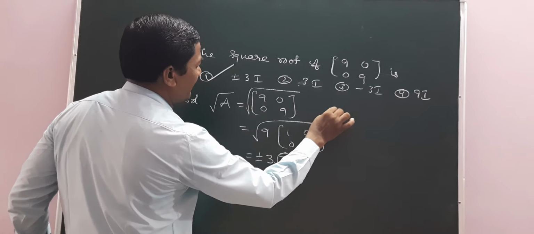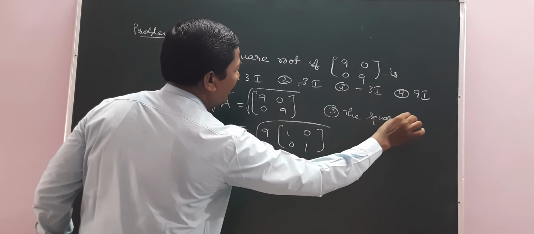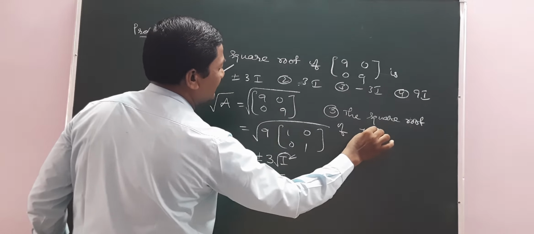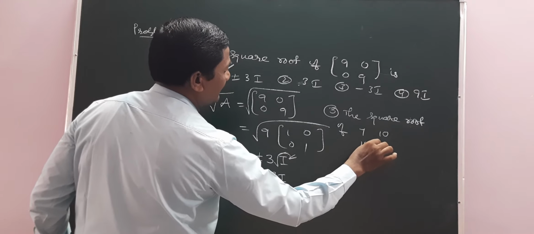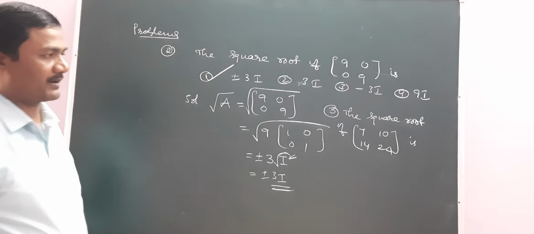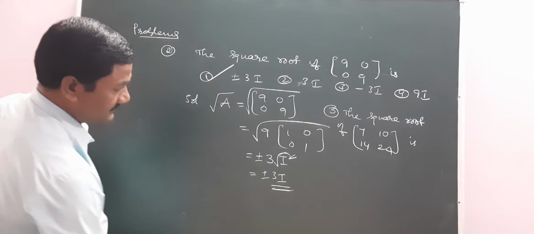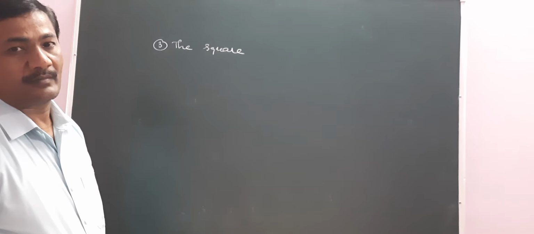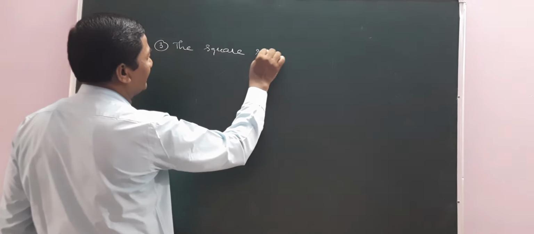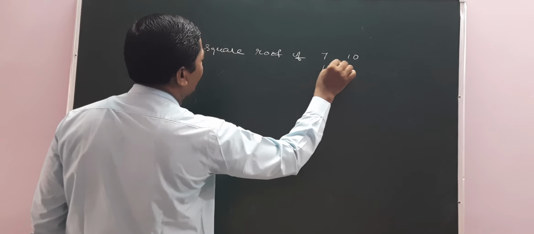And problem number 3, the square root of 7, 10, 15, 22.